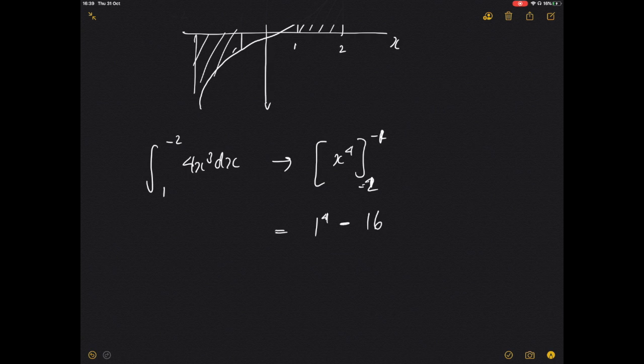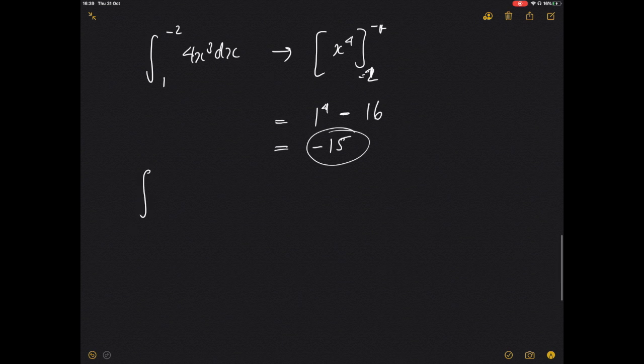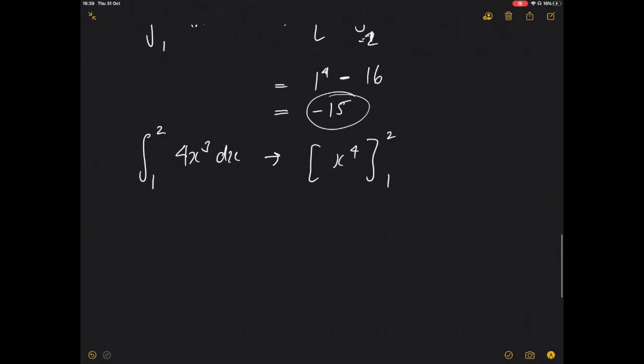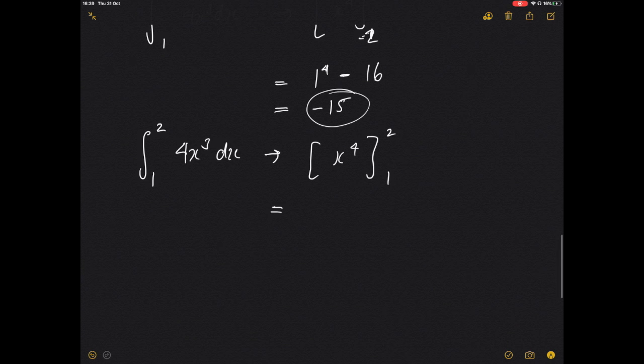So our answer would be negative 15. Likewise, if we did the same between 2 and 1, with the same 4x cubed dx, we know that would be x to the power of 4, and if we stuck our numbers in here, we would get the answer of positive 15.